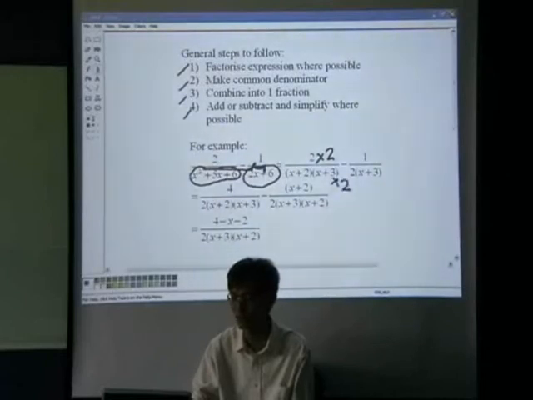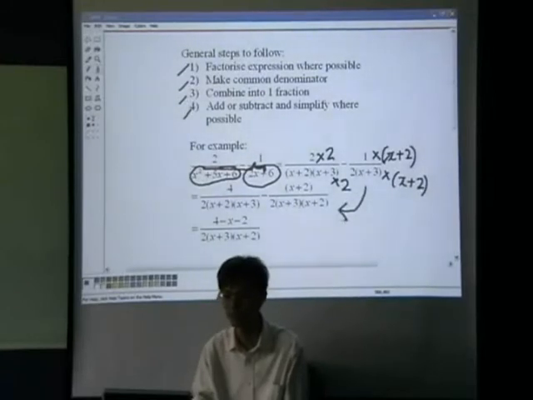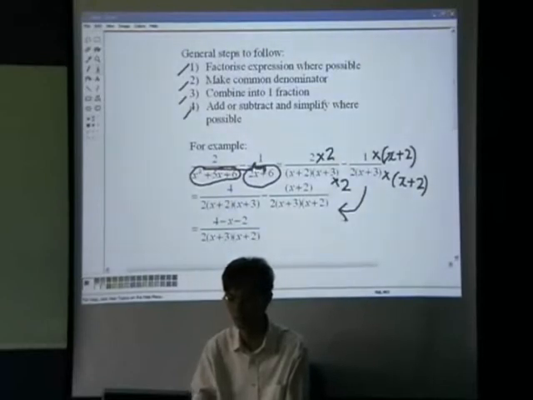And for the second term, we multiply by x plus 2 to both the denominator and the numerator. As a result, we get the second step over here. Next step is to combine them into one fraction, and at last, we just add or subtract to get my final answer.